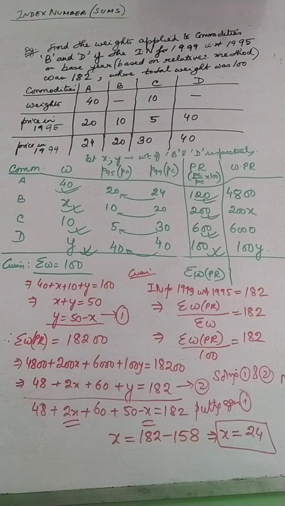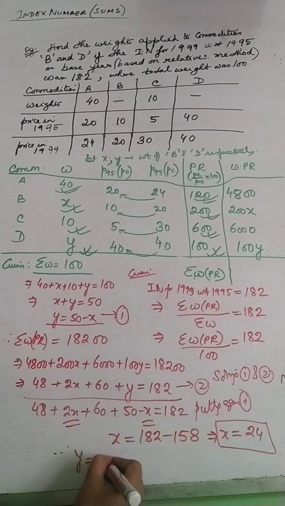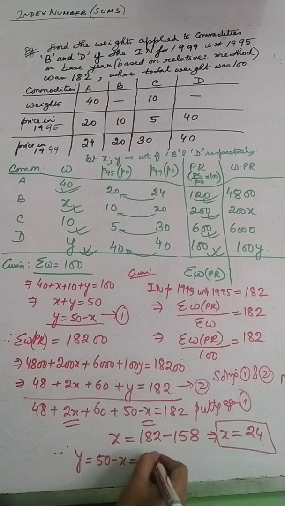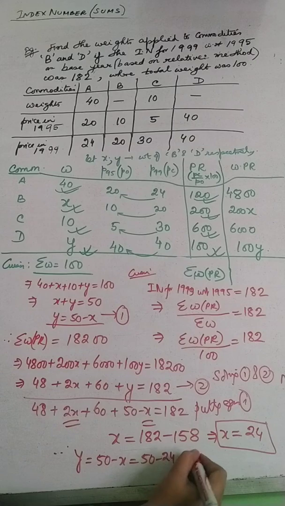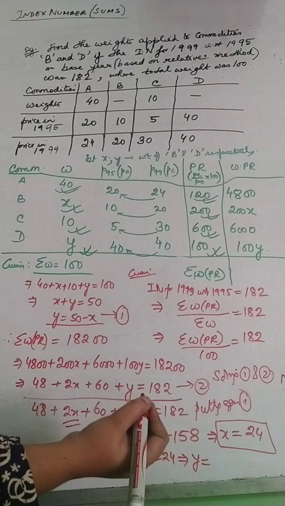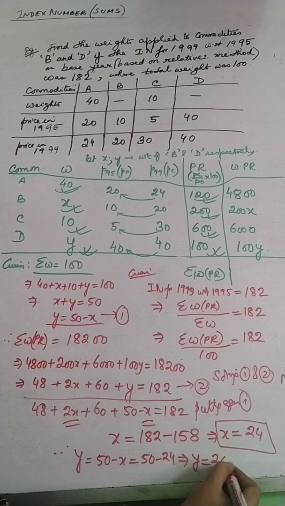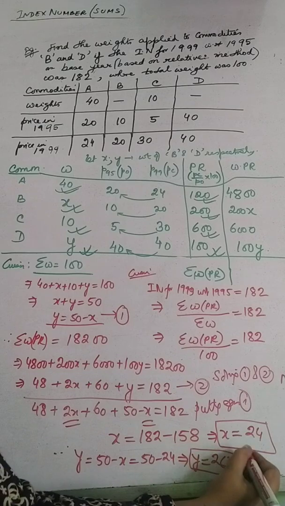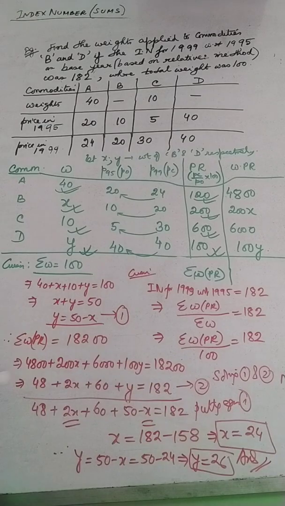So we are getting one answer. Therefore, how much is y? From the first equation, y is 50 minus x, that is 50 minus 24, so y is equal to 26. These are your answers.